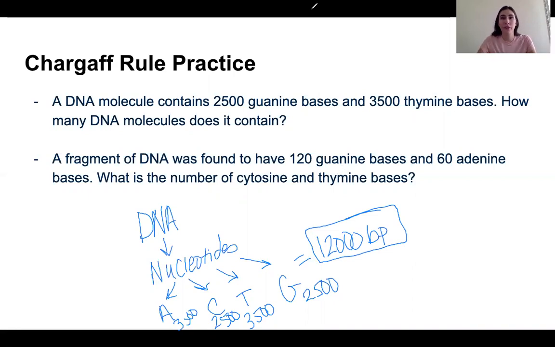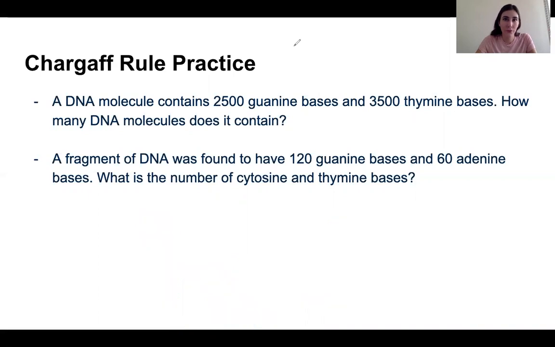Let's take a look at the second question. The second question says that a fragment of DNA was found to have 120 guanine bases and 60 adenine bases. What is the number of cytosine and thymine bases? Easy, right? So again, we know that DNA has 4 bases: cytosine, guanine, adenine, thymine.